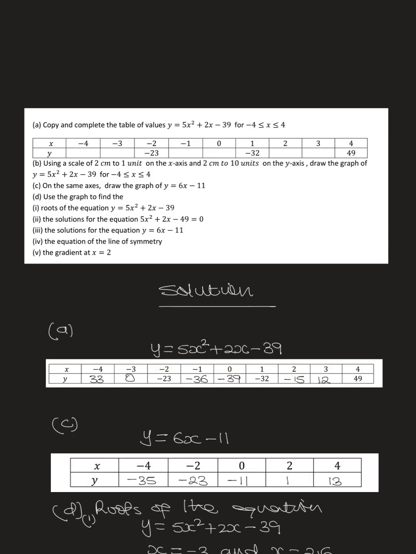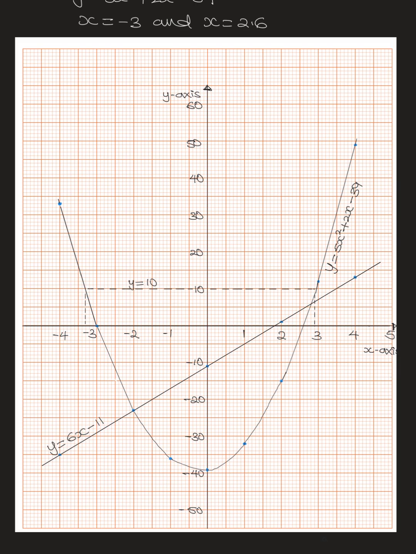Question D4 is asking us to find the equation of the line of symmetry. The equation of the line of symmetry is basically the value of x where the graph is divided into two equal parts. What is the line that we can introduce to this graph that is going to divide this graph into two equal parts?